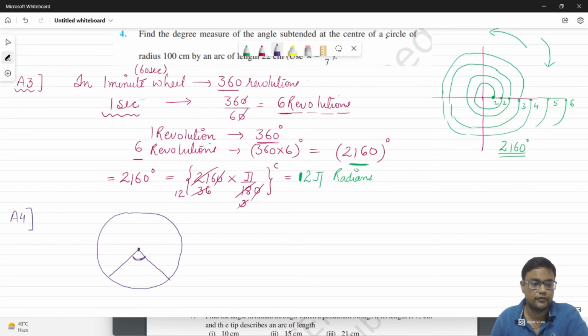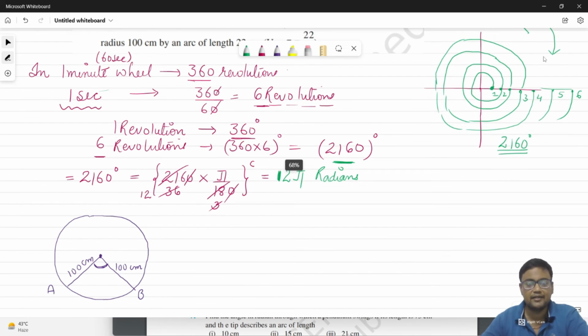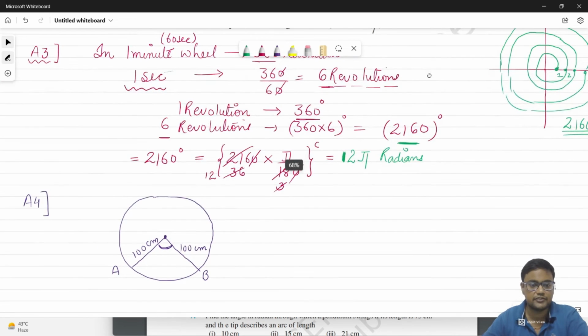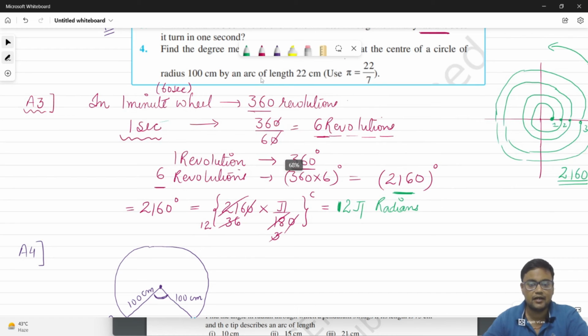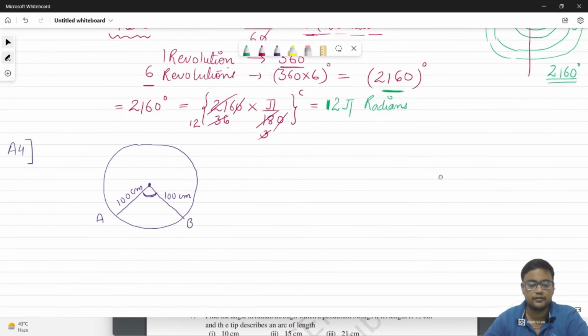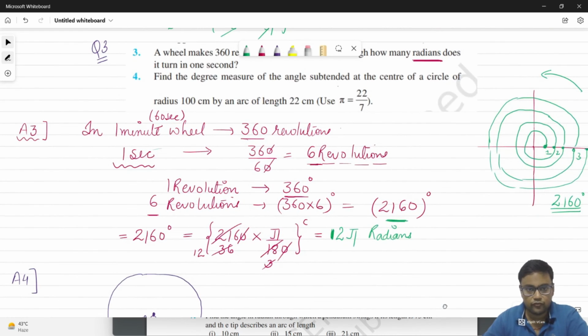So this is how we draw a subtended angle. Angle is subtended at the center of a circle of radius 100 centimeters. Children, the radius is 100 centimeters by an arc. That is why I have drawn such a figure. By an arc of length 22 centimeters, and we have to find the degree measure.